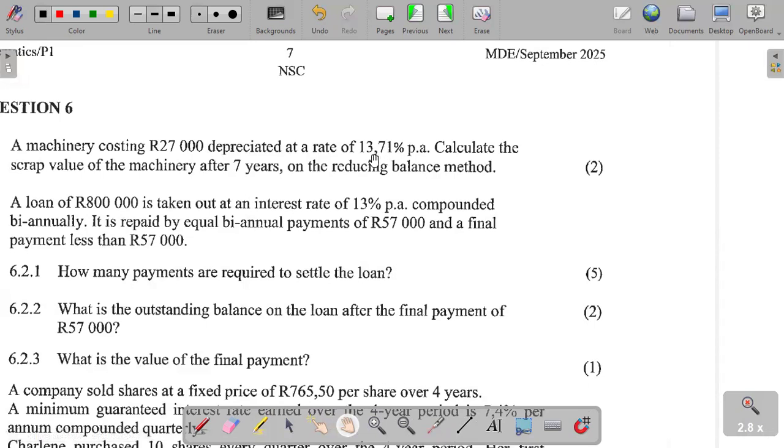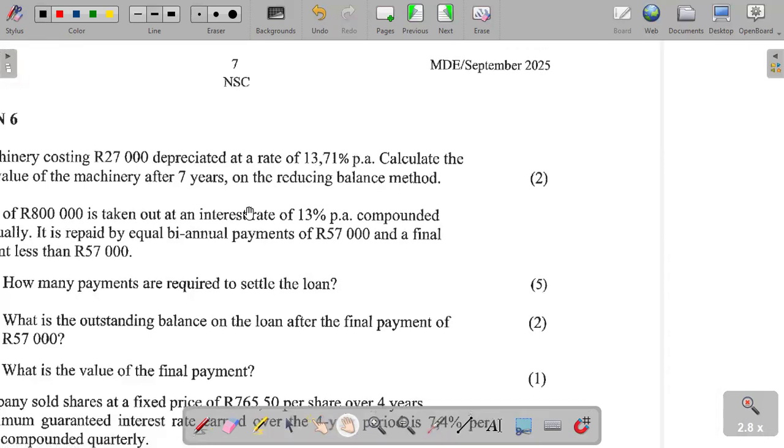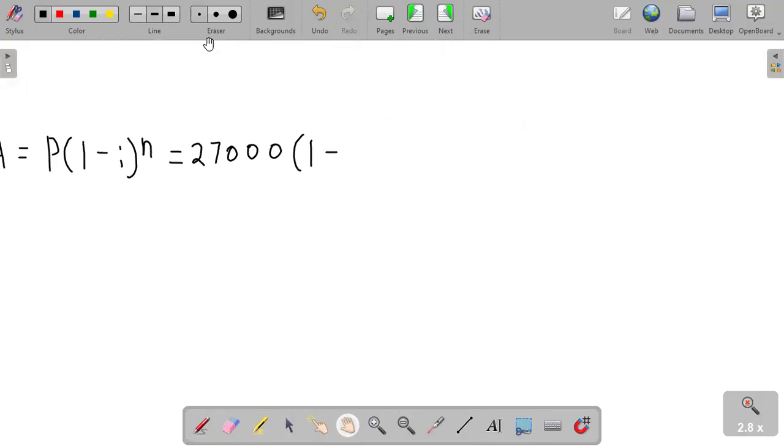So the percentage here is going to be 13.71 over 100. And then to the power of 7 equals to. And then you use a calculator here. We use a calculator. Subtract.